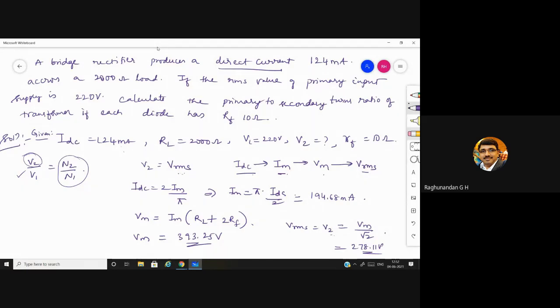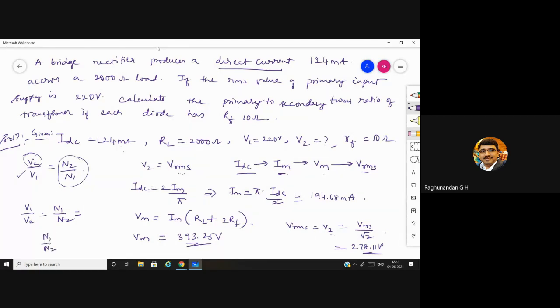So now you substitute in this. They're asking primary to secondary turns ratio. Just invert it. V1 by V2 or N1 by N2. If I write like this also, the ratio will be the same. So substitute it and tell me what is N1 by N2.